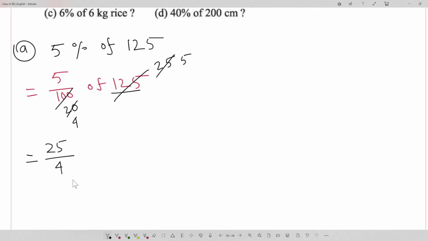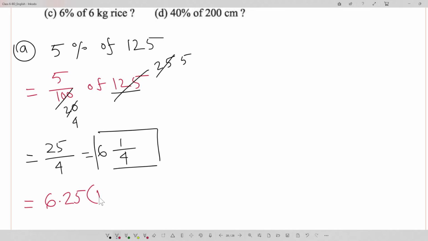It means 25 by 4. This is an improper fraction, but we have to make it a mixed fraction. So 6 1 by 4, right? Because 4 times 6 is 24, plus 1 is 25. This is one thing. Another thing, if you are able to use a calculator, 25 by 4 is 6.25.